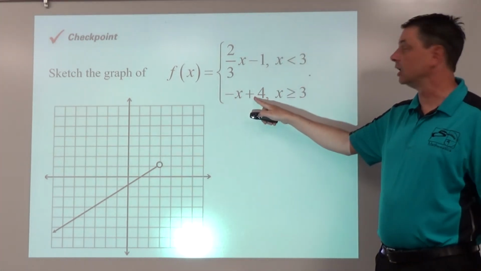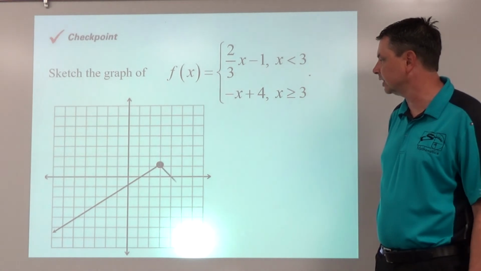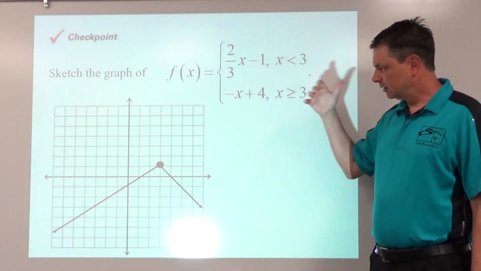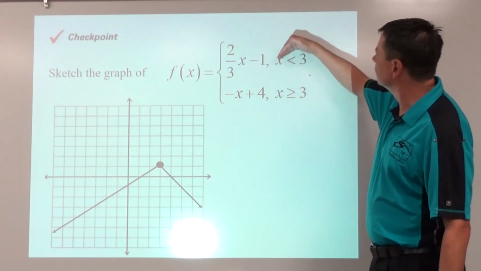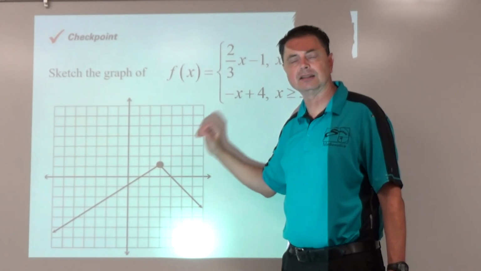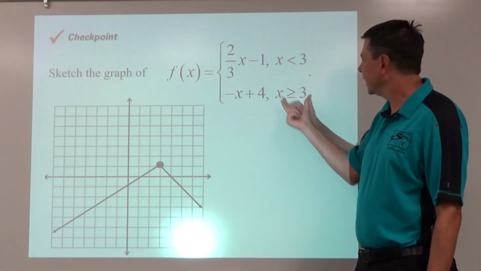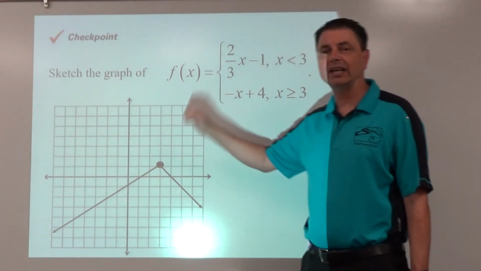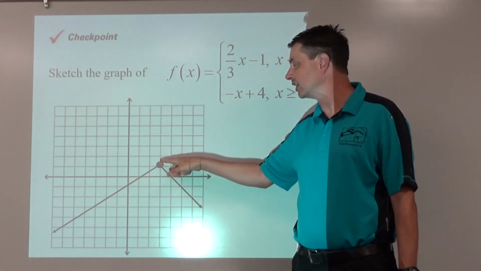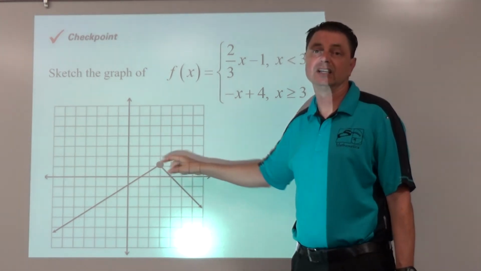And then this is also a line, so that part over there is kind of interesting. At the value of 3, where we had split it, they actually had the same value. And this would be a closed point. It turns out that a closed point would fill in the open point and say there is a point right there, and it does count.